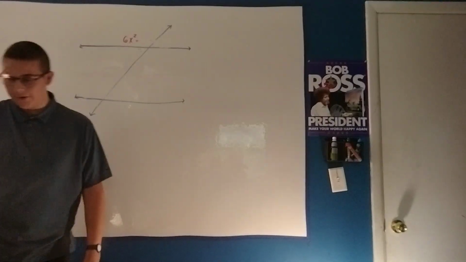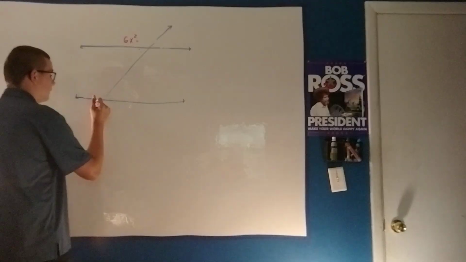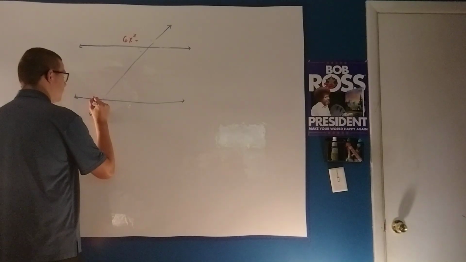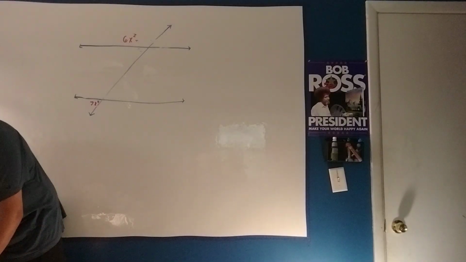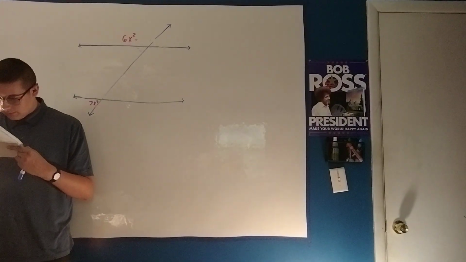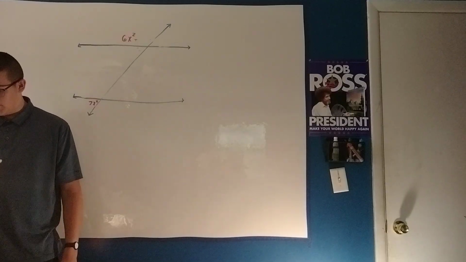Just 6x squared. And then down here is 7x squared. If I've done that correctly. I think so.